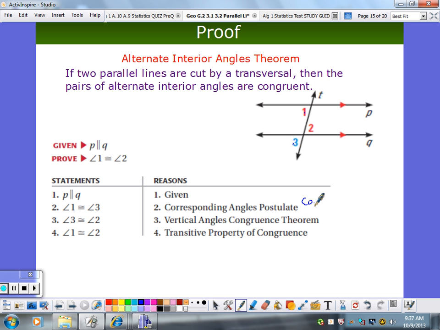I write this: corresponding angles of parallel lines are congruent. I was taught that you do write out the theorem for the ones that you can. It's much clearer. This is not necessarily a global name that everybody approves of, so I'll accept either. Now I'm saying angle 3 is congruent to angle 2. Why is that?